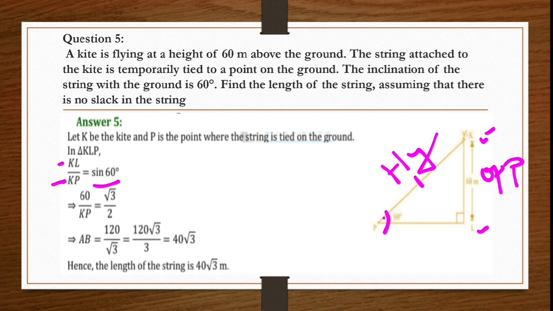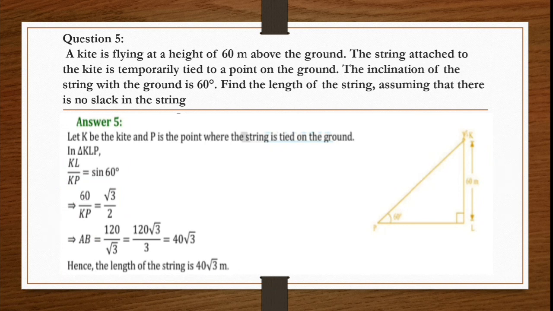Put the value of KL, which is 60, and sin 60 degrees is root 3 by 2. Do the cross multiplication and the value of KP will be 40 root 3. So the length of the string will be 40 root 3 meters.